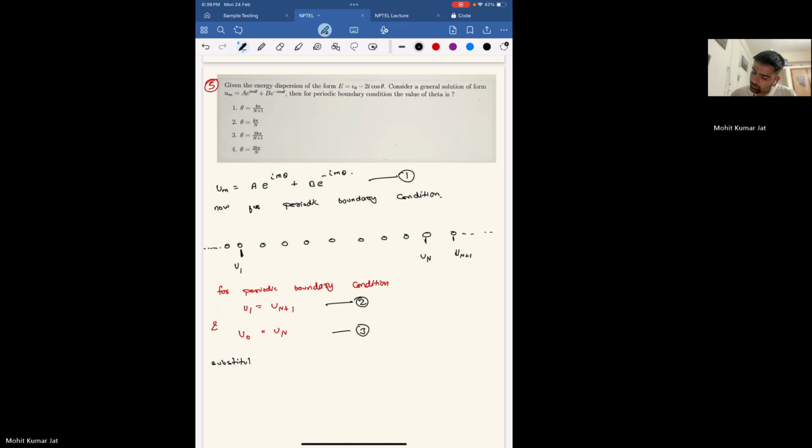Substitute 2 in 1. So u1 will be a e to the power I theta plus b e to the power minus I theta is equal to a e to the power I n plus 1 theta plus b e to the power minus I n plus 1 theta.